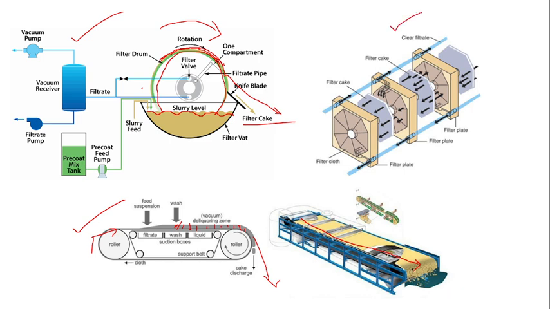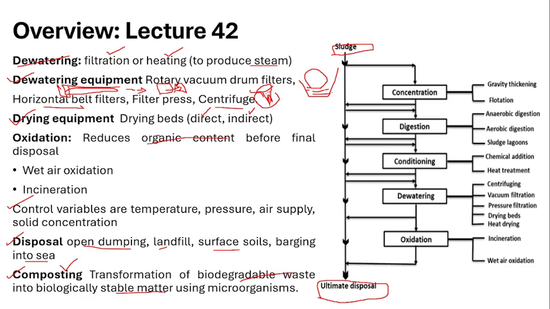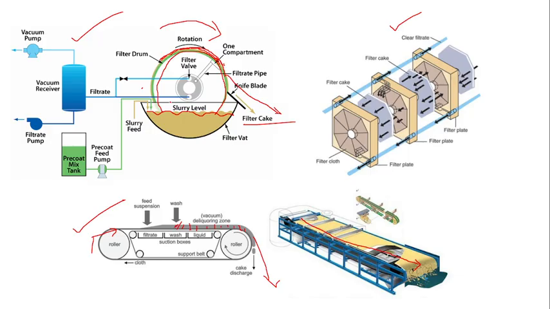And this is the next type of filter, which is called the filter press. It has filters and frames. It is also called the frame and filter mechanism. So here, this is the frame. All these blocks are called frames. Each and every frame has a filter cloth in it.